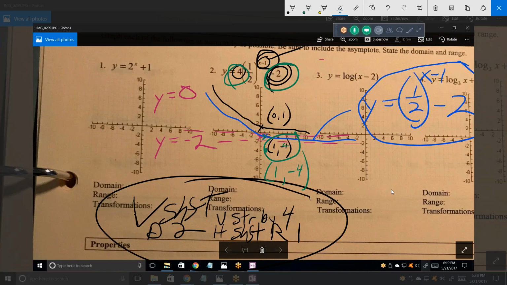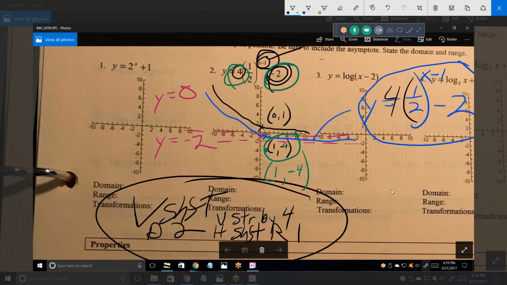The only difference between the blue and our final function is that stretch factor of 4. In other words, I've got a vertical stretch factor of 4, and what that does is it takes every point that would have been on the blue and multiplies it by 4. Well, we can see that we're way below the x-axis.